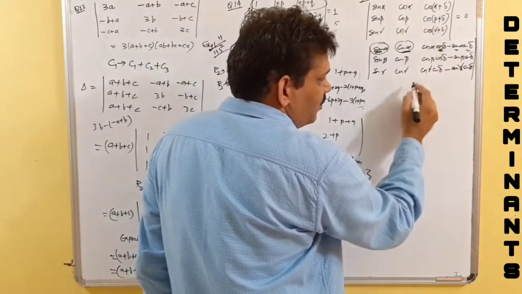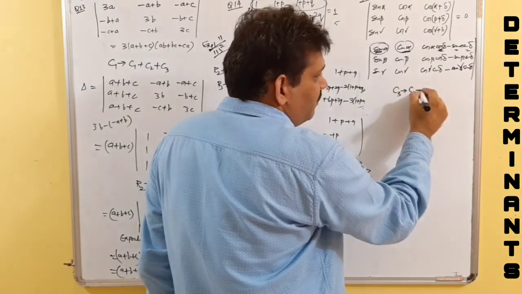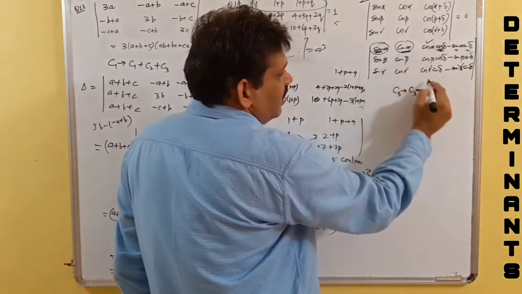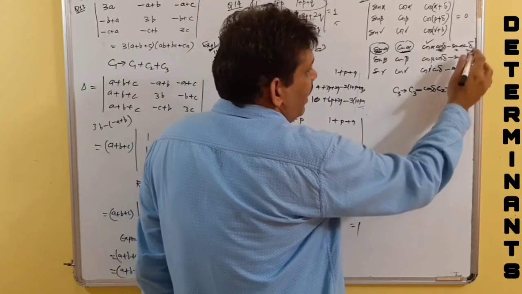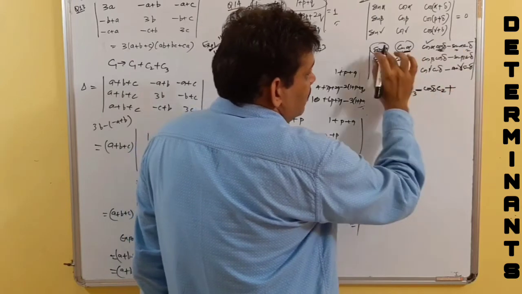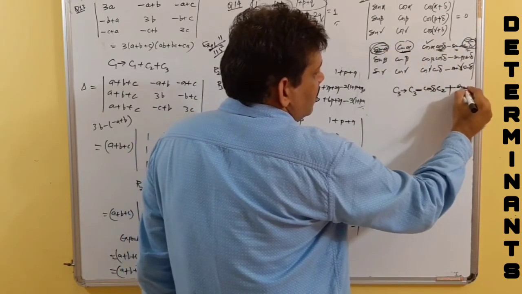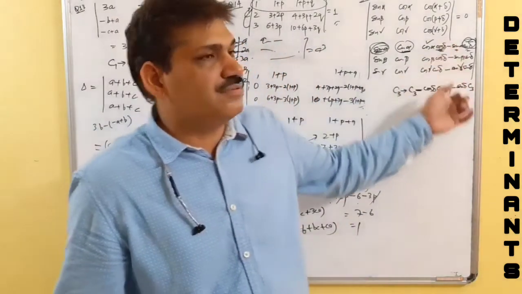So what you do is, in column 3, now column 3 minus cos delta times of column 2, and you add, this is minus, this is plus, this sin delta is to be multiplied by this. Sin delta times of C3. You will get all zeros.